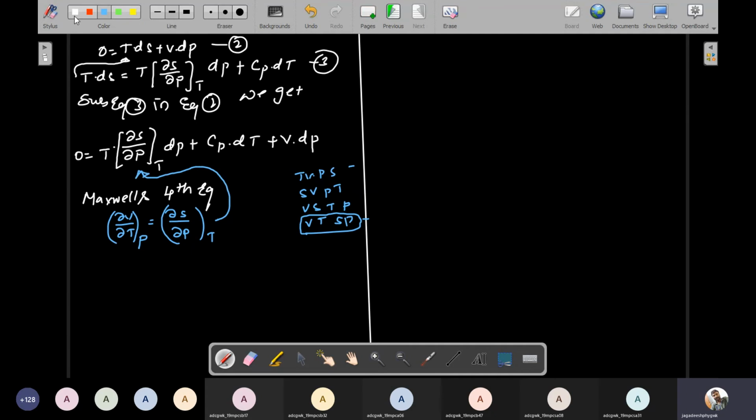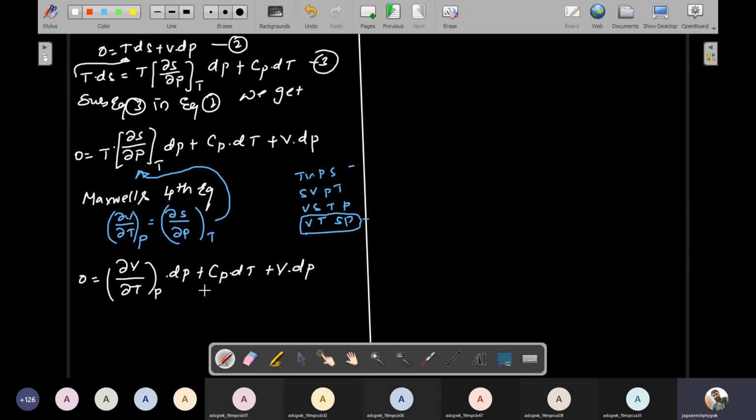So finally we will get 0 is equal to, in place of dou S by dou P at constant temperature, you will write dou V by dou T at constant pressure into dP plus Cp into dt plus V dP. So remaining is everything.